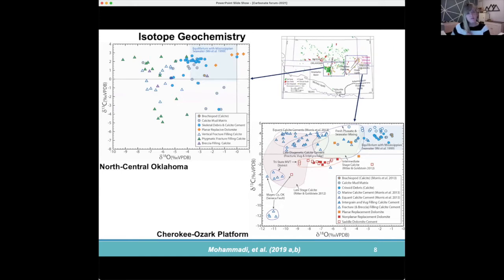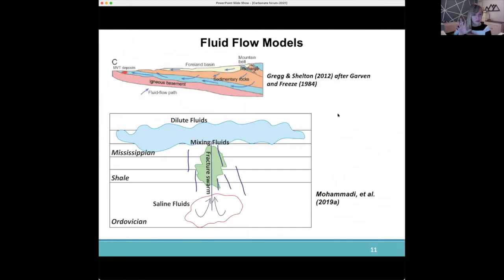I was going to ask, you did mention seawater briefly in your model. I wasn't sure exactly, were you invoking that in terms of timing? Are you invoking seawater flux, convection down the fault at all? Yes, in some places it might be, but what I'm saying here is that the hot fluids coming along the faults and fractures probably displace and mix with this seawater.